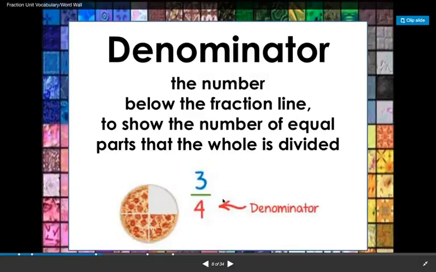The next number is the bottom number, which is the denominator, and it shows how many parts the whole is divided into. So if we look at this pizza, we have 1, 2, 3 parts of the whole, which is our numerator, and there would be 1, 2, 3, 4 parts, which is our denominator, in the whole pizza.